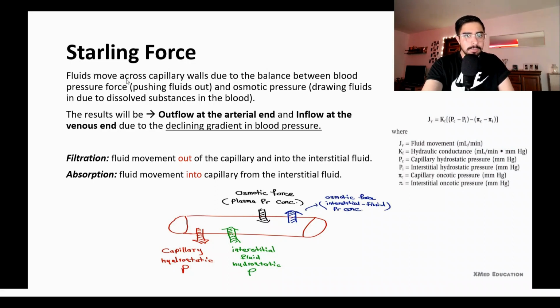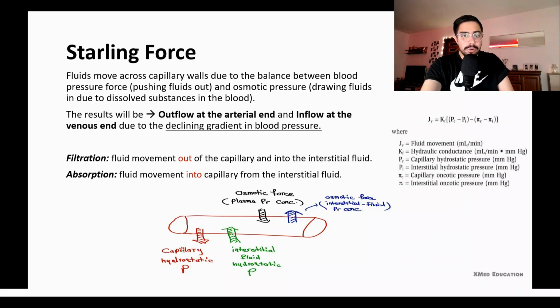The fluid moves across the capillary wall, and there is a balance between the hydrostatic pressure and oncotic pressure that we will talk about, and the result will be outflow at the arterial end. So here is the capillary, here is the arterial end, here is the venous end.